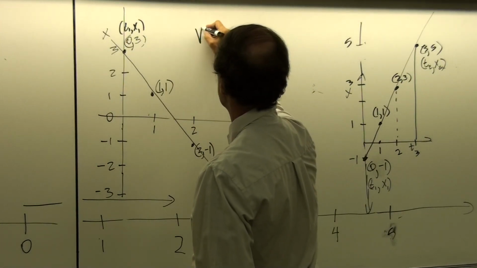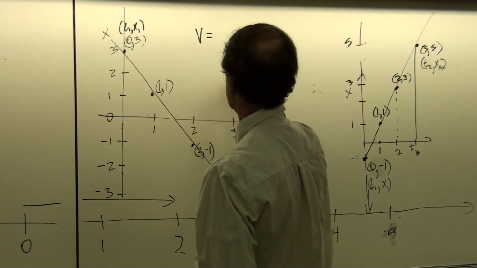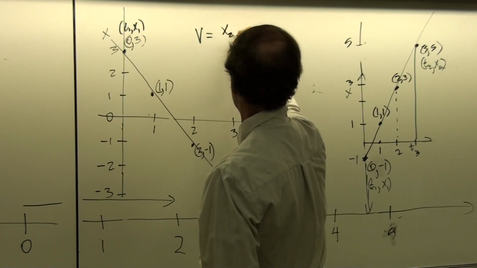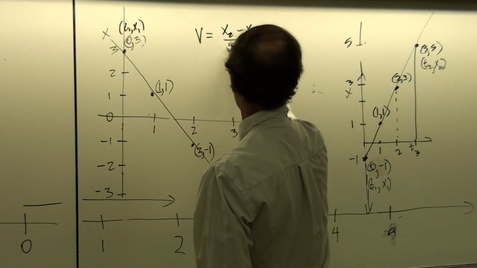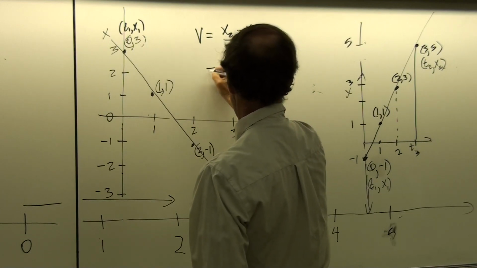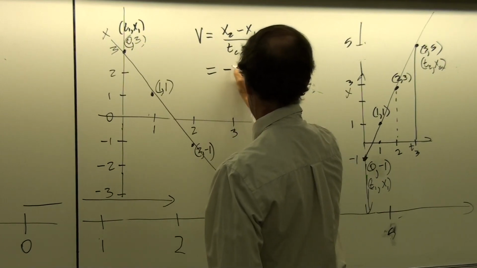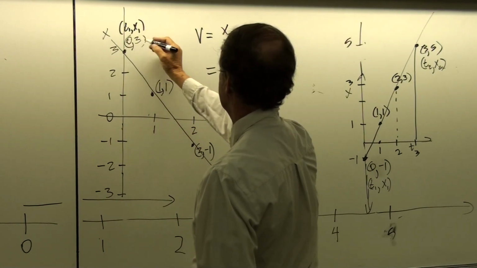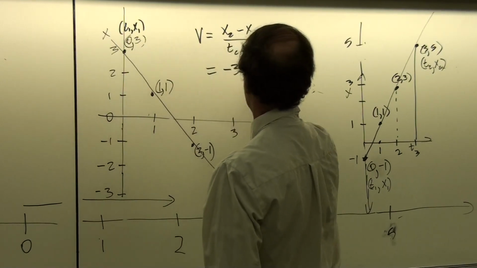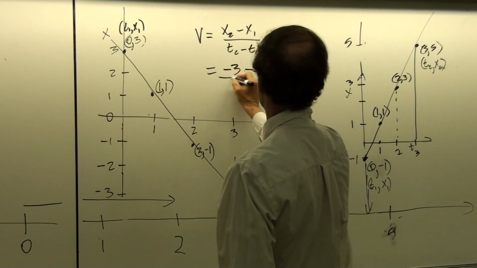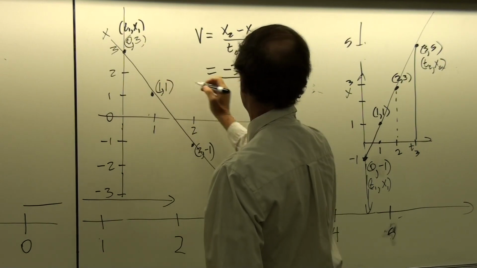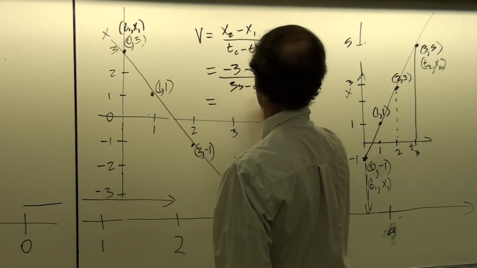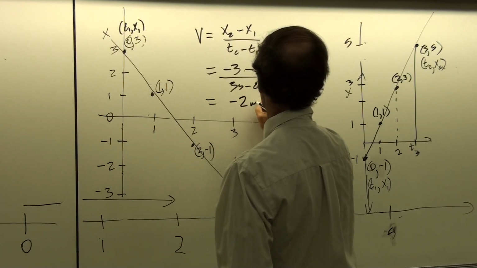Then our slope, which is the velocity for this curve, is going to be x2 minus x1 divided by t2 minus t1, which here would be minus 3 meters, divided by 3 minus 0. And so that would give us minus 6 divided by 3 is minus 2 meters per second.